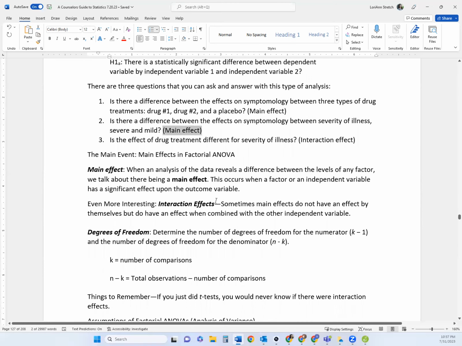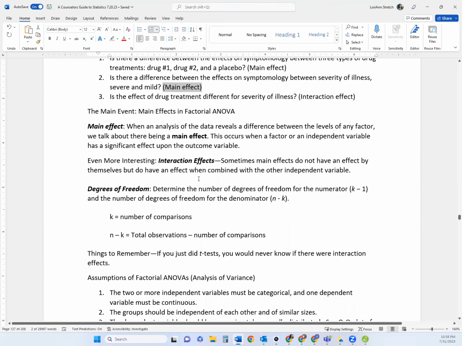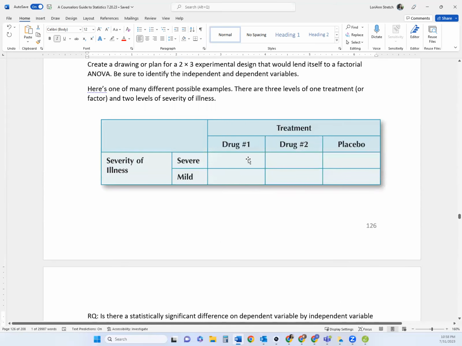This is explained here. For degrees of freedom in our factorial ANOVA, it's much like the other ANOVA that we've looked at, in that K represents the number of observations. So in this particular example here, we have 6 observations. We have 6 groups, right? We have the severe drug 1, the severe drug 2, the severe placebo, the mild drug 1, the mild drug 2, and the mild placebo.